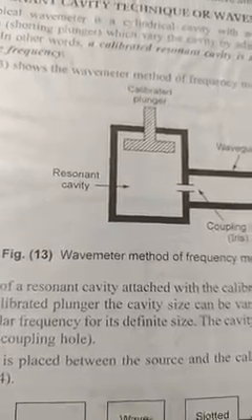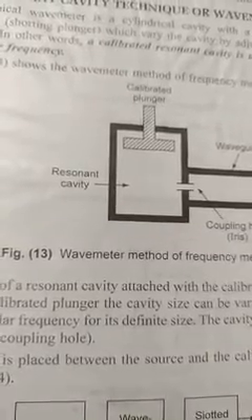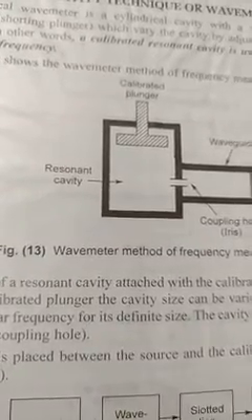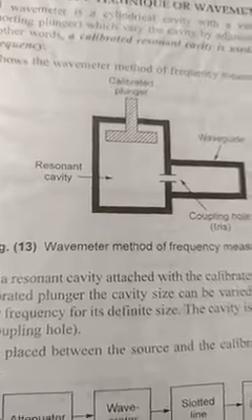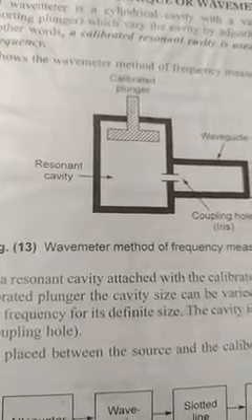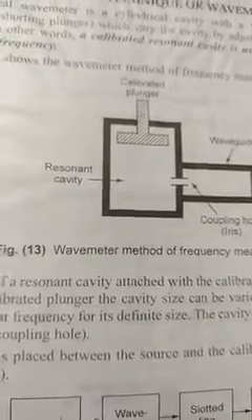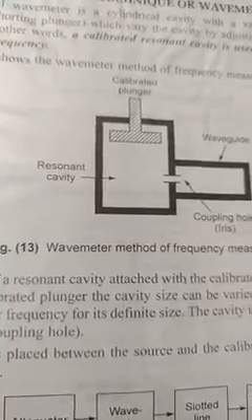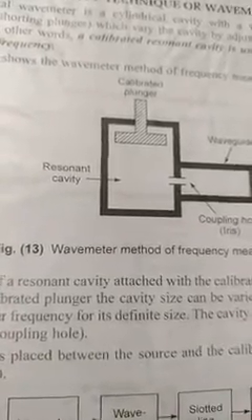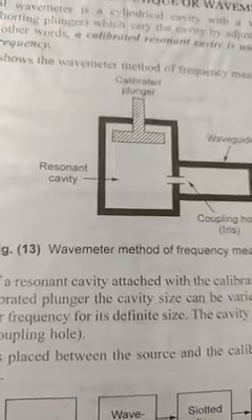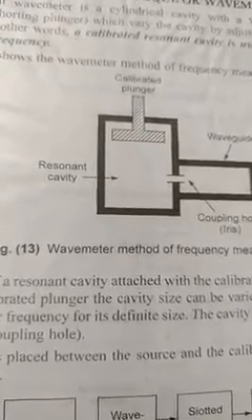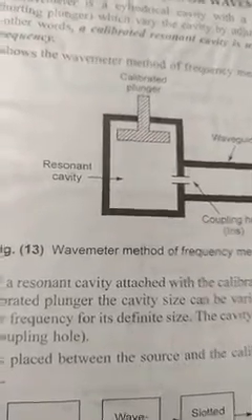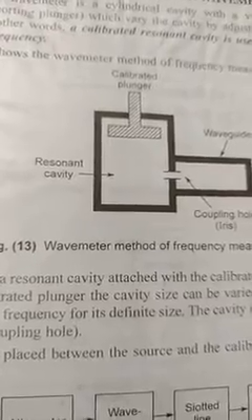So maximum to minimum, when the pointer is going to the right side, or we can say to the left side, a sudden point comes while tuning where the power gets reduced, and we have to observe that point where the power gets reduced.